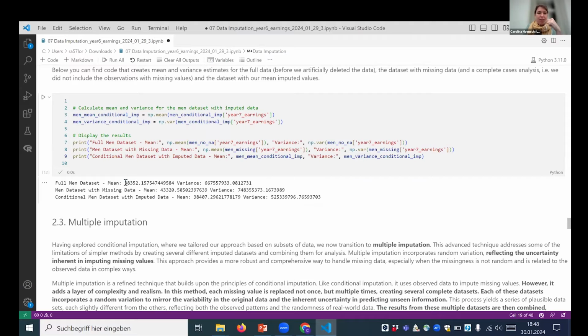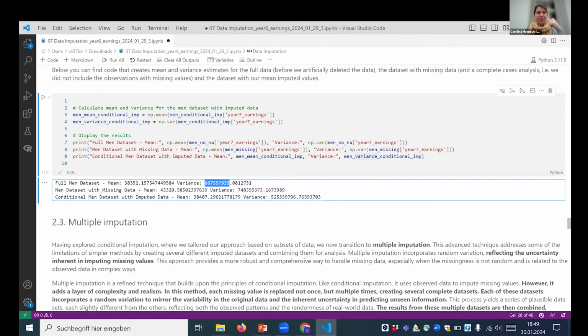And here we can see we have again the full data set, the data set after deletion of the incomplete records, and then our now imputed values with this a little bit more sophisticated model. And we see this already helps with the mean estimate. So our mean estimate after conditional imputation looks better. The variance is still pretty bad.